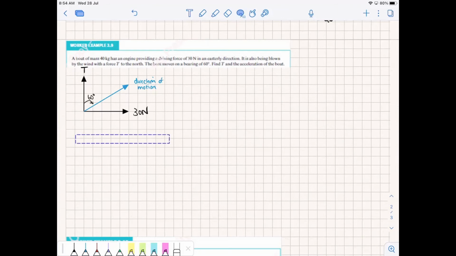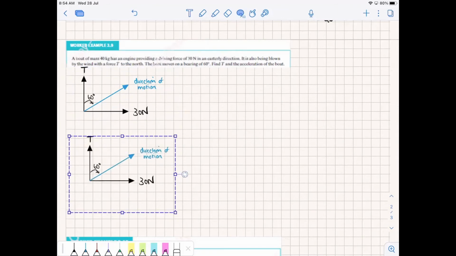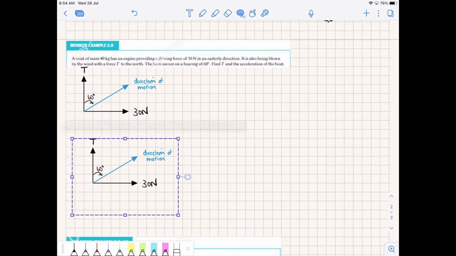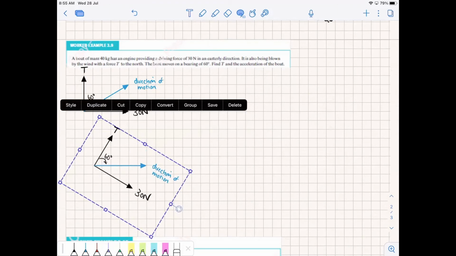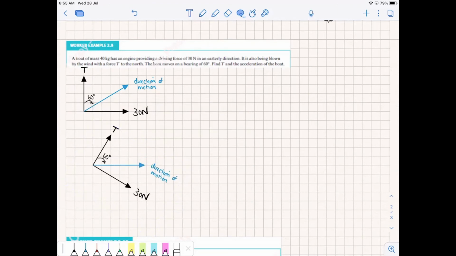So the easiest way to think about this is to take this picture here and to rotate it in your head. Into that. So now we can see the direction of action.